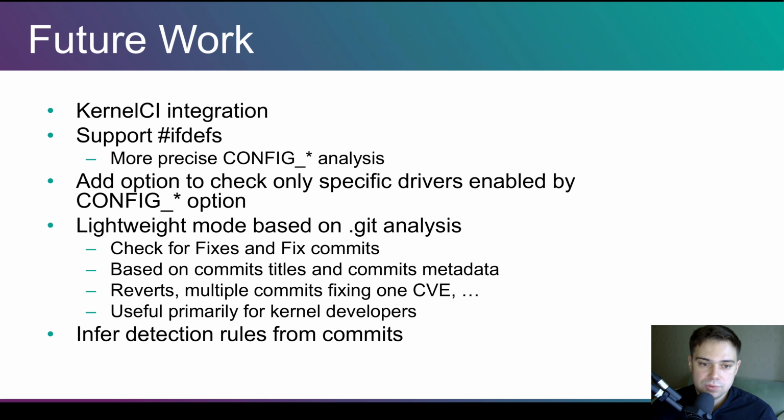And I also want to add more precise analysis for kernel config options. As of now, it's done on a per-file basis, and if there is an ifdef inside a .c file, the tool may report incorrect results. I also want to add a filter for checking files enabled by specific config options.